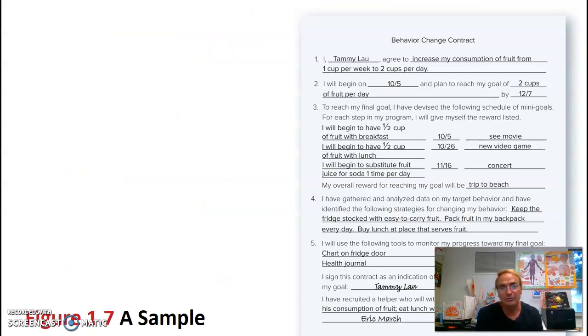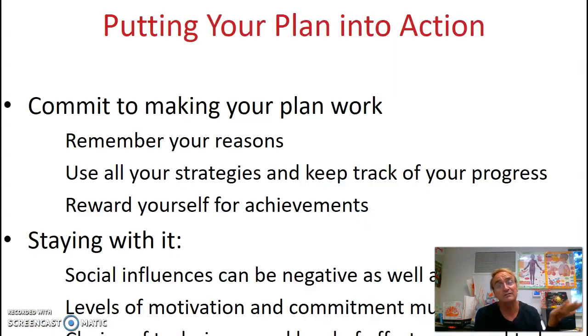Writing out a contract is always important. Keeping that journal, having this contract, having somebody witness it, monitor your behavior, that's always helpful. Putting your plan into action is always helping you to be more successful.